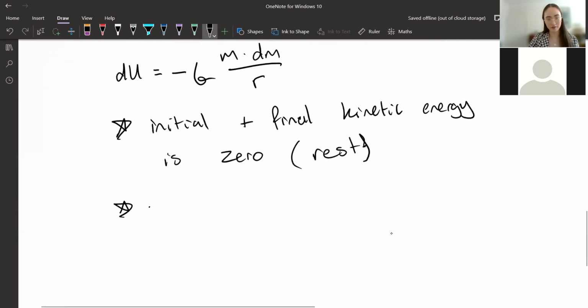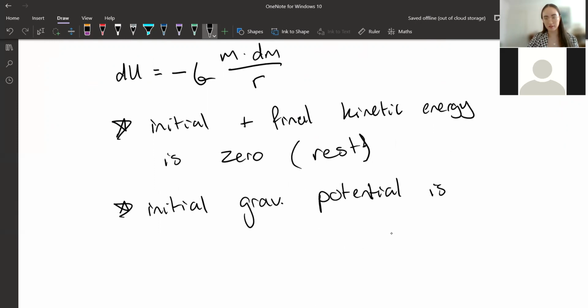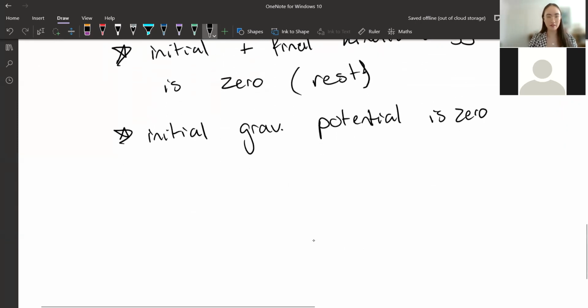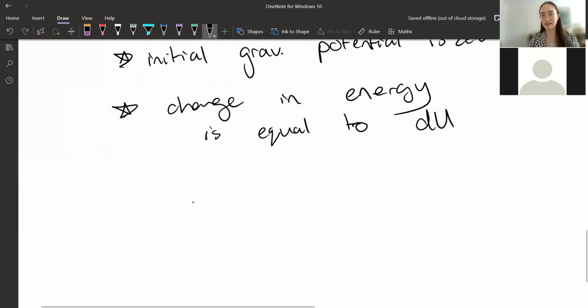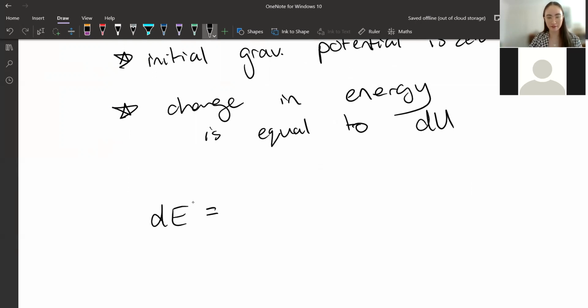Our initial gravitational potential is 0. And so the change in energy of this formation is equal to that gravitational potential energy of this now final system. And so we write this as dE is equal to -G M dm over r.